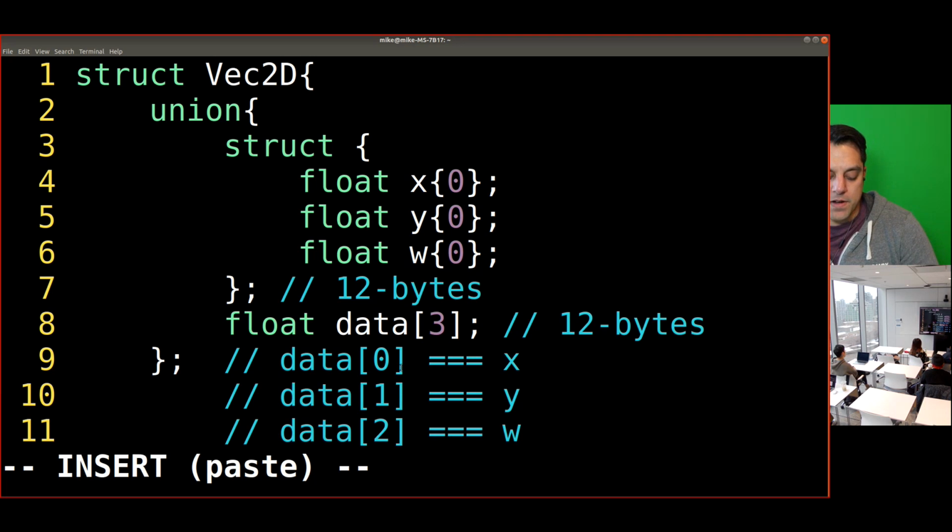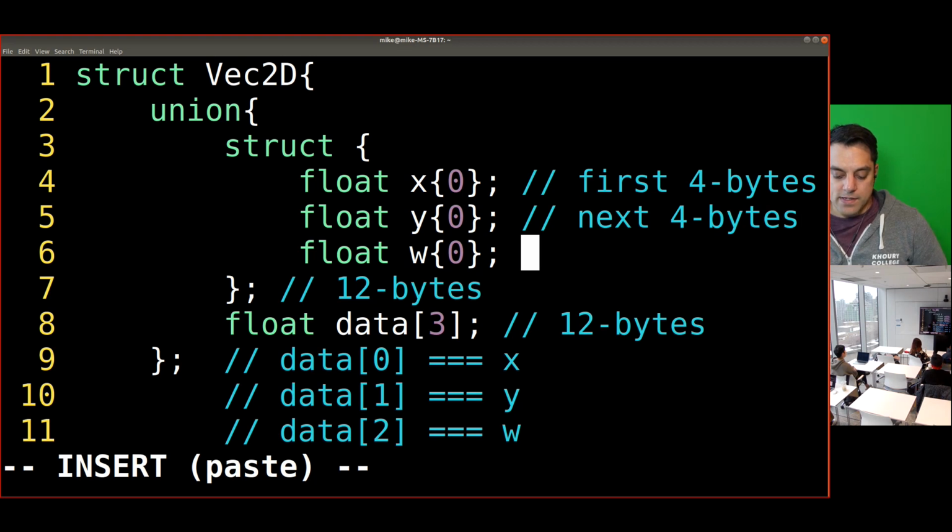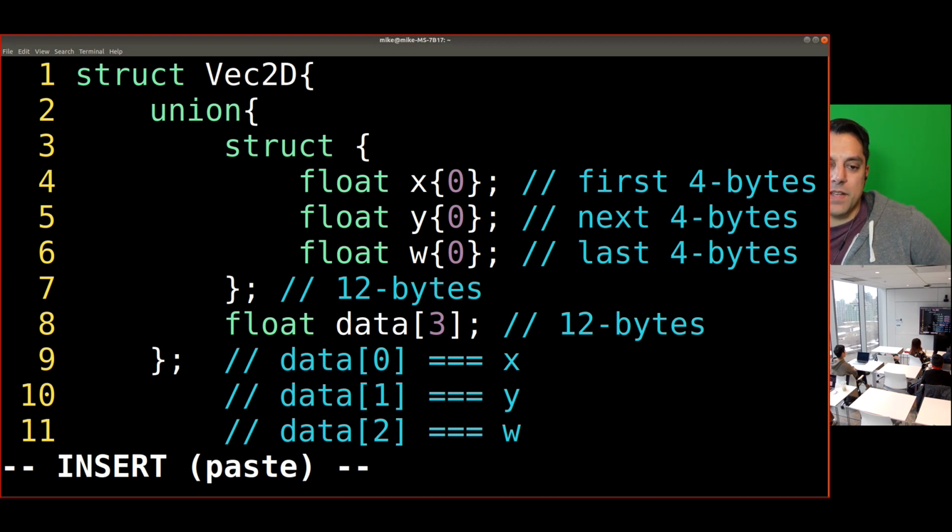Whether I choose to access my vector with data 0 or with .x, it doesn't matter. It's still working on the same 12 bytes, where this is the first 4 bytes, next 4 bytes, etc., last 4 bytes. Does that make sense to folks?